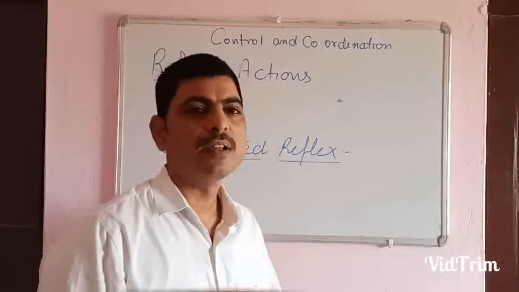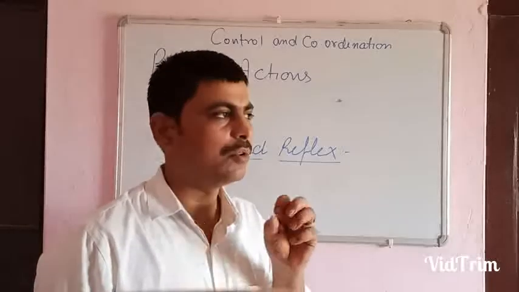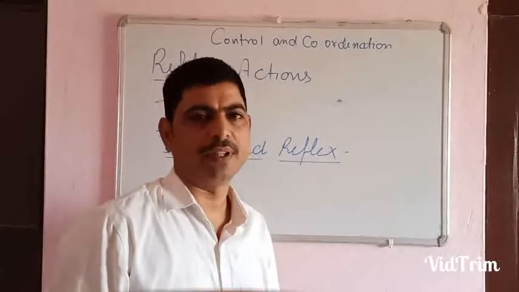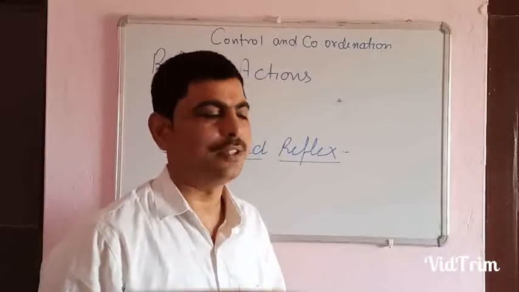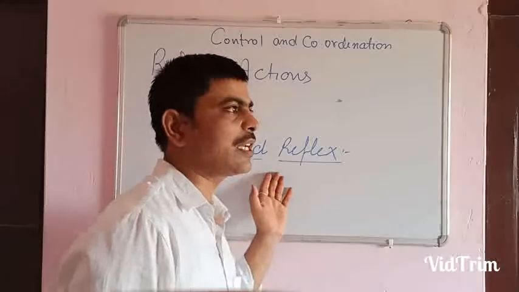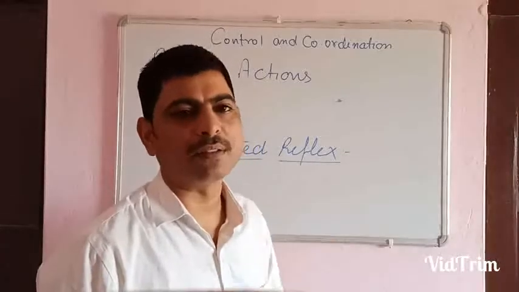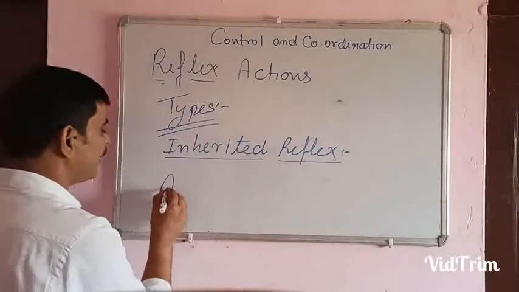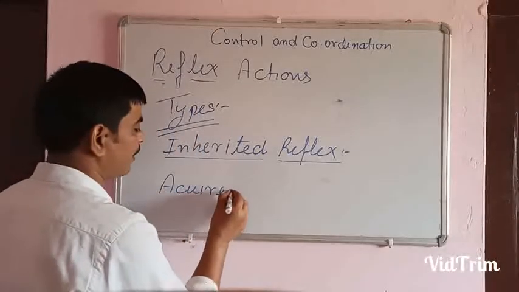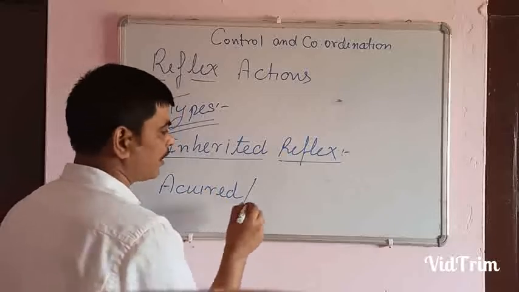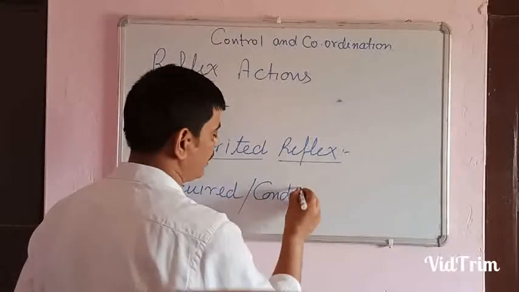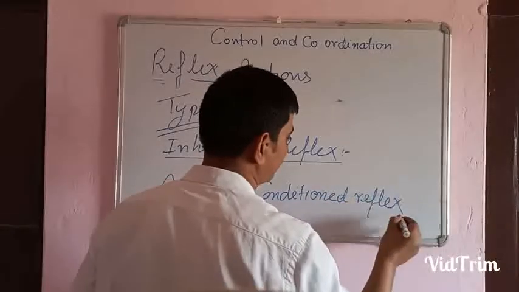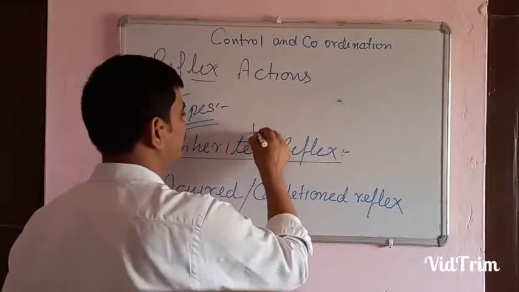No one taught the child how to suck milk from the mammary glands of the mother. The baby knows it. No need to train it. So that type of reflex is present in the body by birth. That's why they are called inherited reflexes. Others are called acquired or conditioned reflexes. These are also called unconditioned.